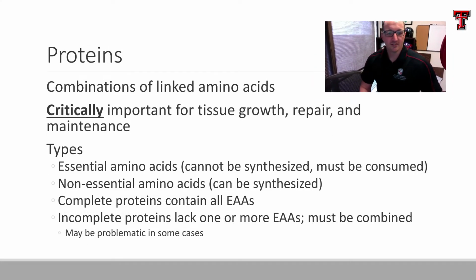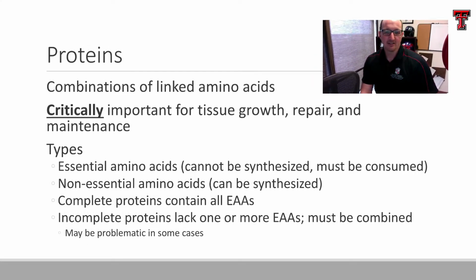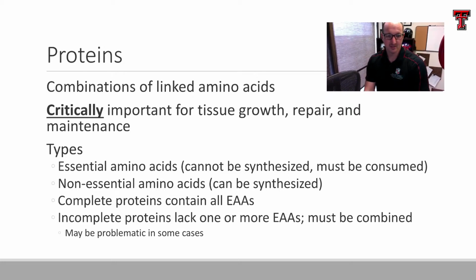So we know that proteins are combos of our linked amino acids, and these are critically important for growth, repair, and maintenance. The essential aminos can't be synthesized. We have to eat those. And then our non-essential aminos can be produced in the body. So in terms of supplements, people have used branched chain aminos for a long time.